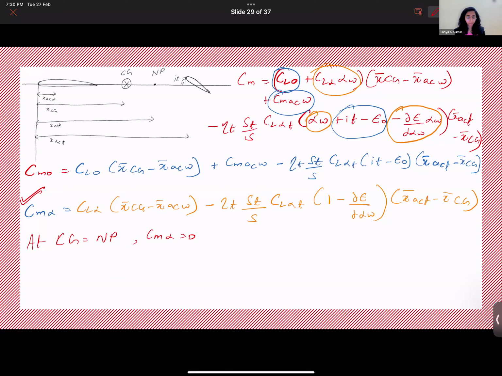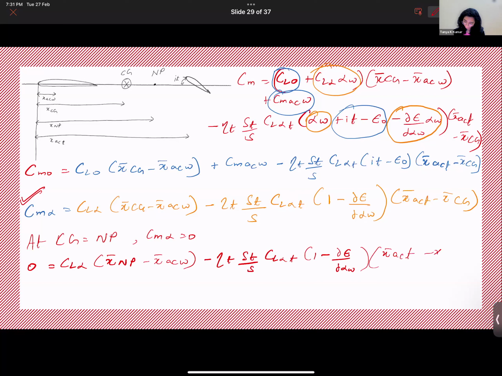In that equation, Cm alpha is 0. So 0 equals Cl alpha into x bar np minus x bar AC wing minus eta tail St upon S Cl alpha tail 1 minus dou epsilon by dou alpha wing x bar AC tail minus x bar neutral point.